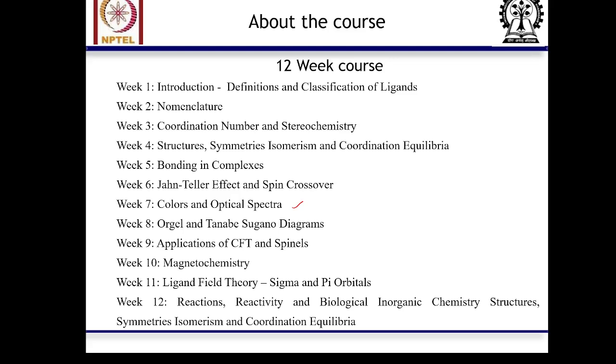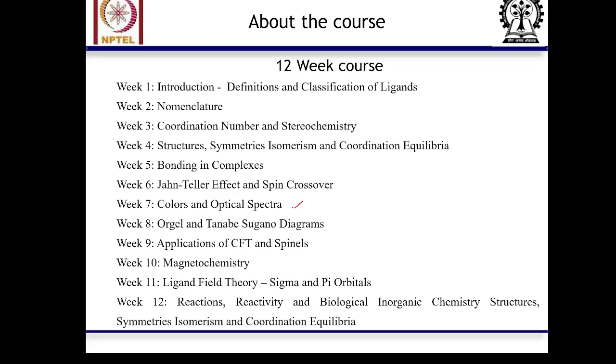In week 9, we discussed applications of crystal field theory, basically the hydration of the 3d series in the +2 oxidation state, and the size of the metal ion in low spin and high spin complexes.